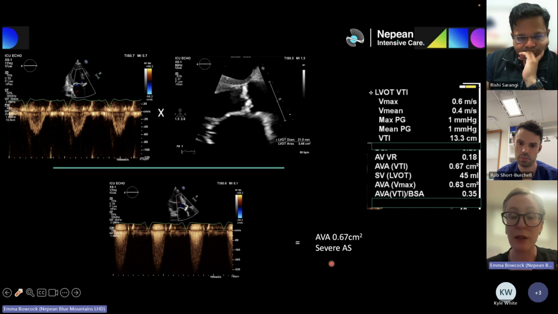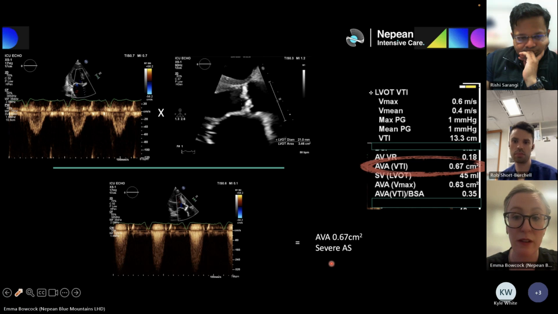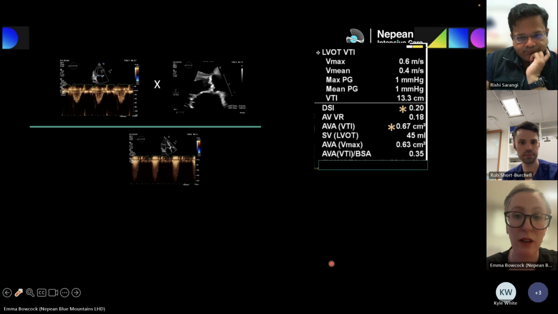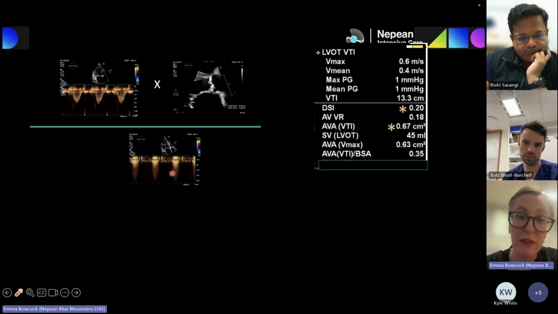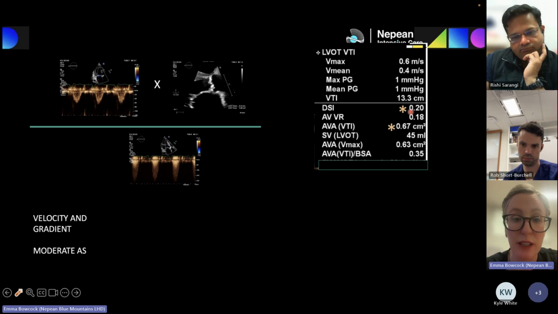So that puts our aortic valve area into severe. And the DSI, which is the LVOT VTI over my aortic valve VTI, comes out at 0.2, which is less than 0.25, which is severe, right?